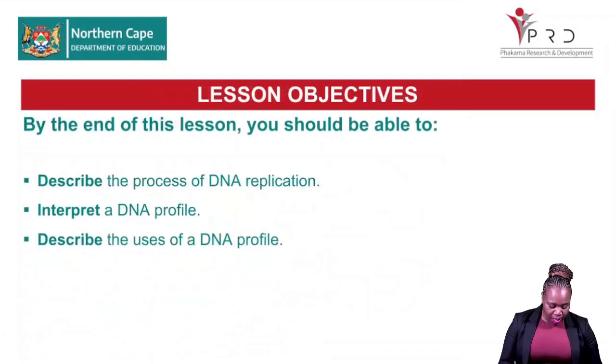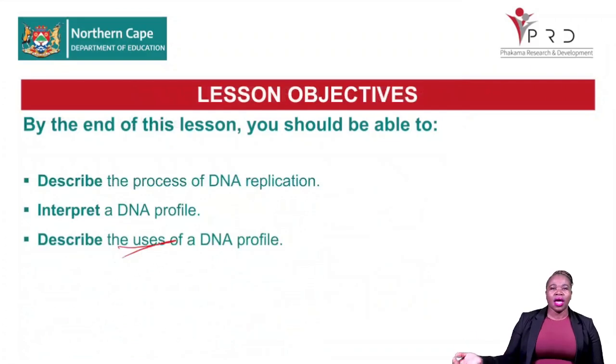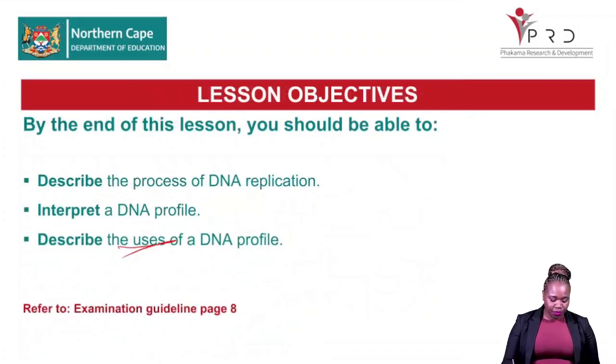And then you should also be able to describe the uses of a DNA profile. What is a DNA profile used for? Like I said, if you are already looking at a question on biological evidence in a crime scene, for example, you cannot mention that. You can then mention the other uses other than the one that was provided in the question. So make sure that you know all these uses.